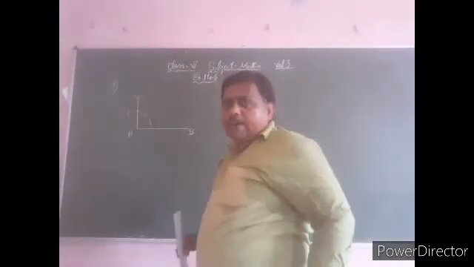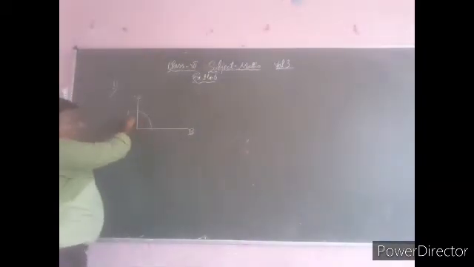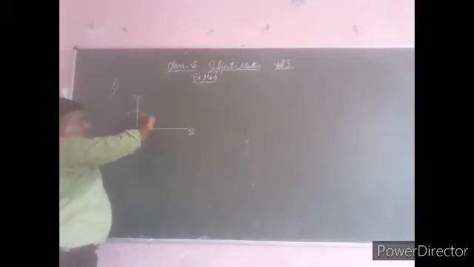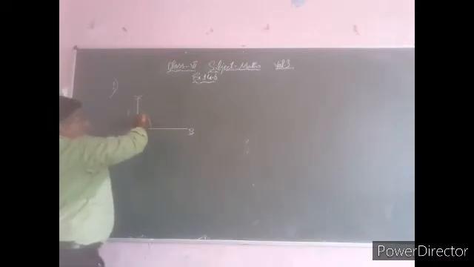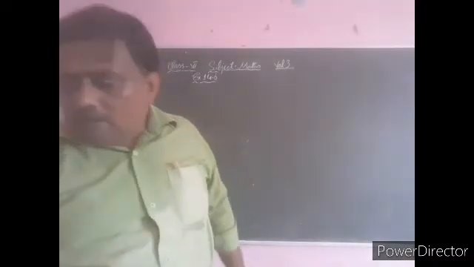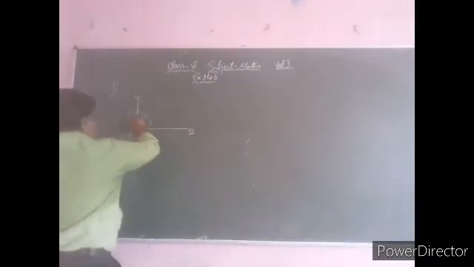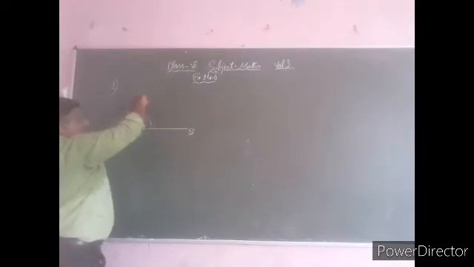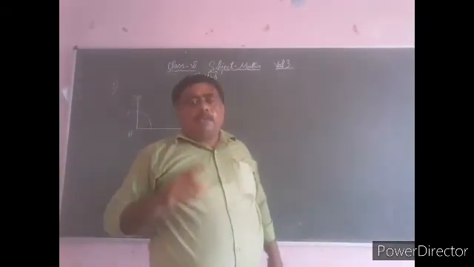Now, if you want to find an angle of 60 degree, draw an arc of the same radius, taking this as the center. When you draw this arc and join it, you will get 60 degree. Now this is 90, and you want 75 degree. So bisect 90 and 60, you will get 30, half of 30 will be 15.